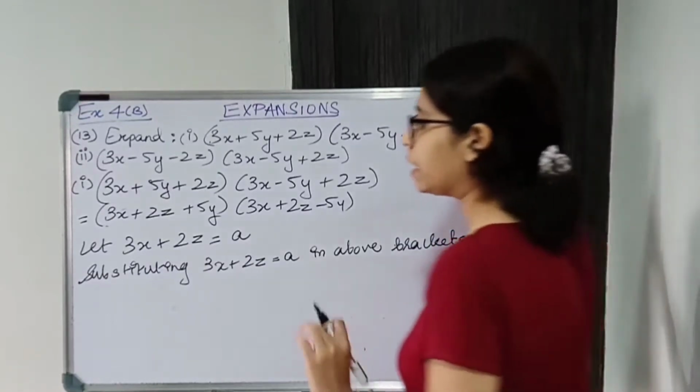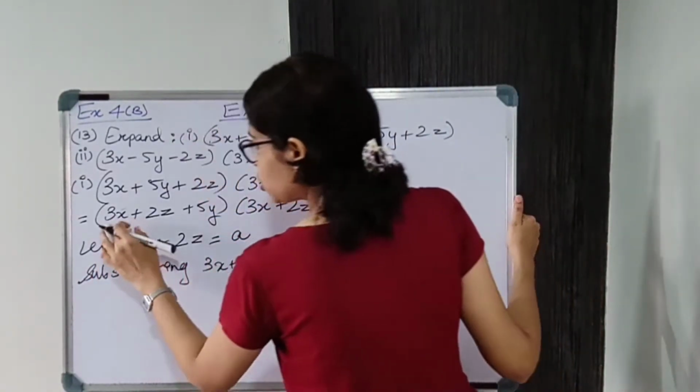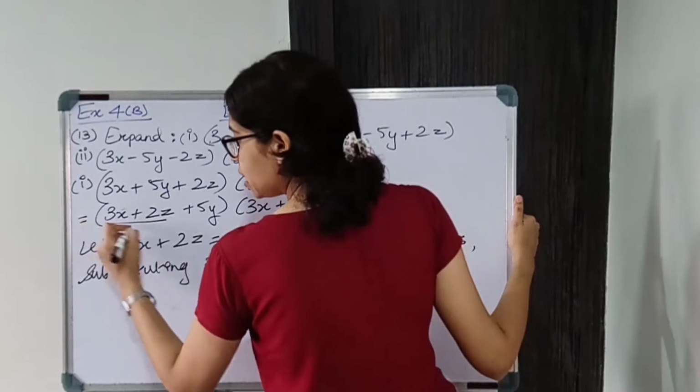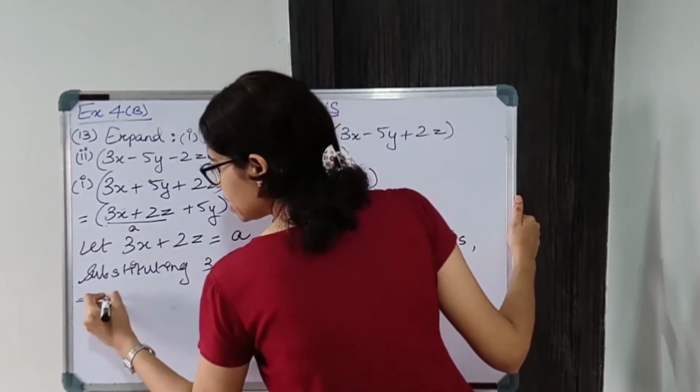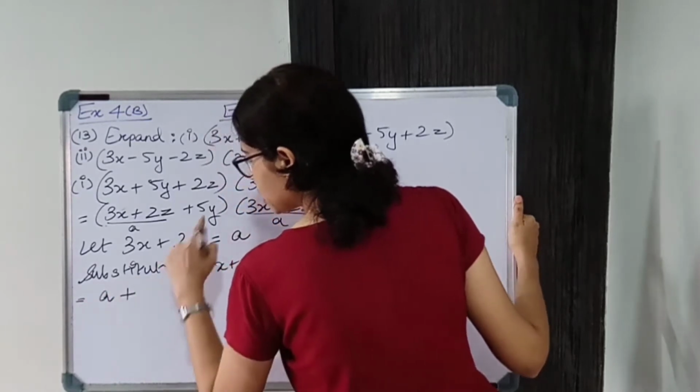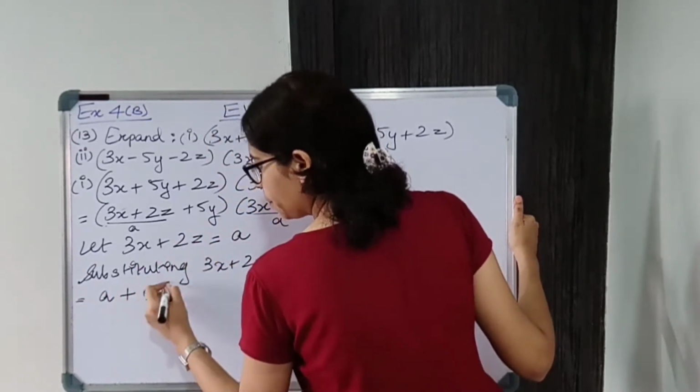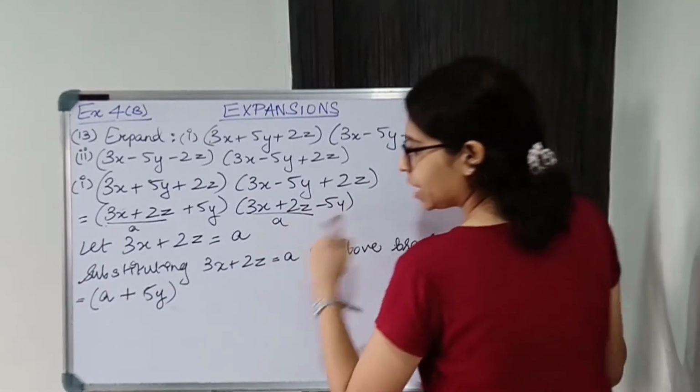Okay, now we are substituting a in place of this. In place of this a, in place of this a. So there is a plus 5y, a minus 5y.